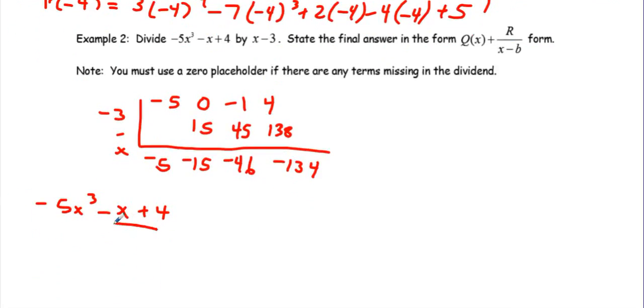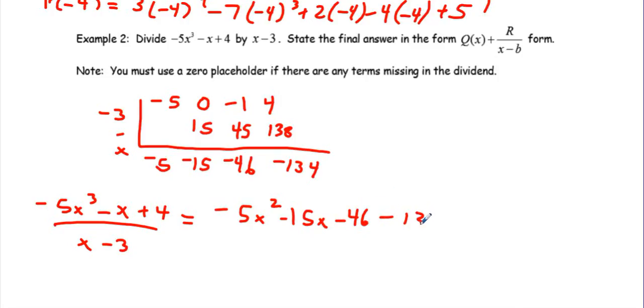So that's what we were asked to do. We used synthetic division, and we got an answer of minus 5x squared minus 15x minus 46. That's our quotient, minus 134 over our divisor, which was x minus 3.